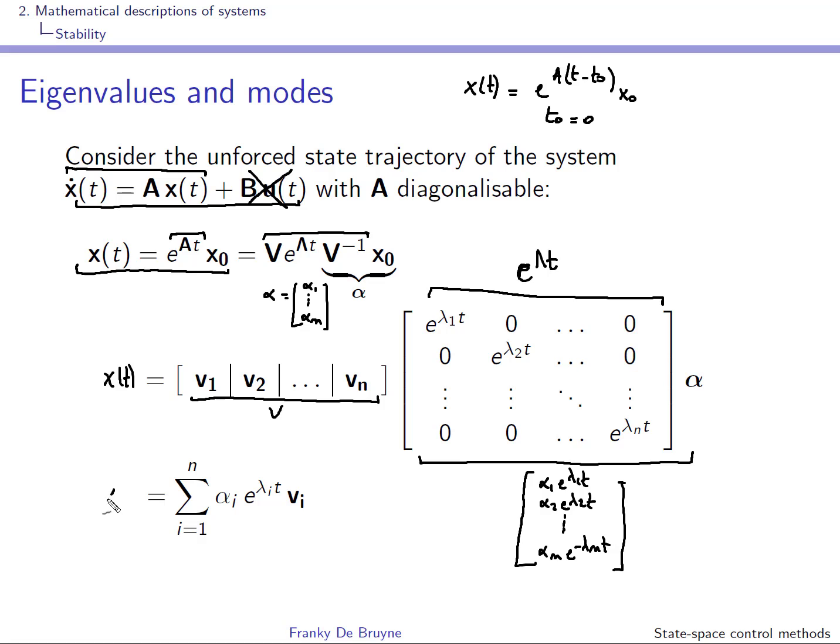So you can rewrite x of t in this fashion over here. And this is in the case where all the eigenvalues are distinct, right? And you can see that this unforced state trajectory depends on the eigenvectors, the eigenvalues, and the initial conditions.